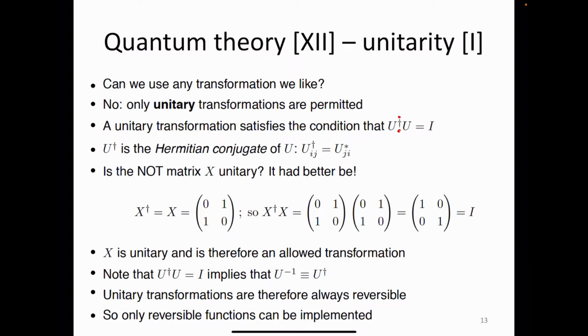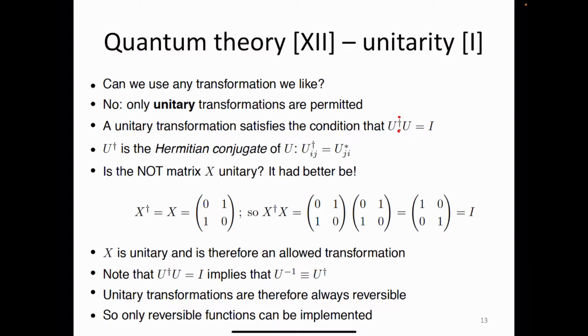That one takes the complex conjugate of a matrix, which means switching the signs of each complex number that you find in that matrix, and then you do the transposition. Okay, and if you execute that, then the result must be identity.